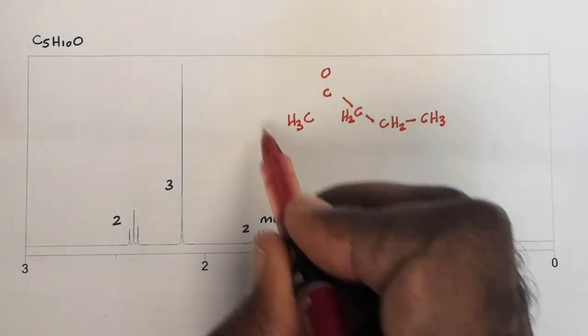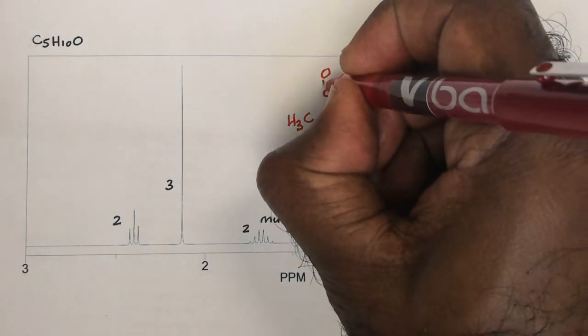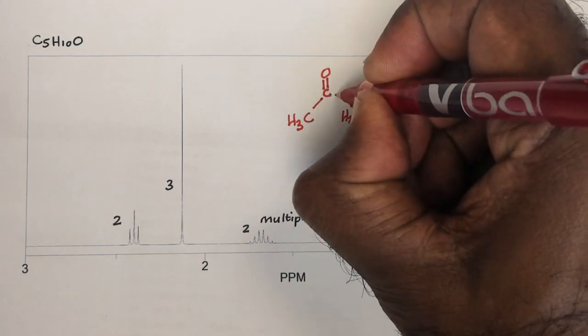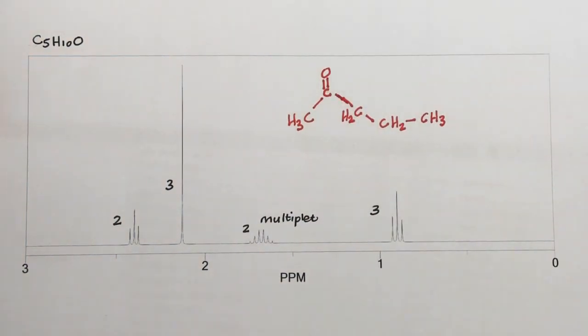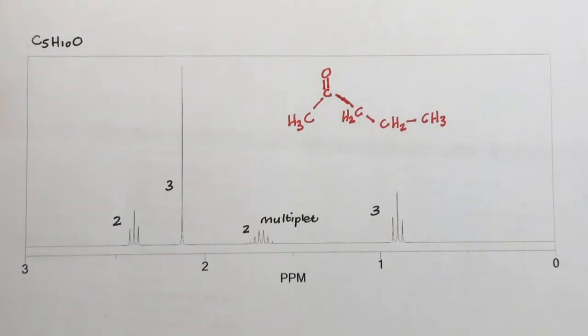So I have all the atoms that I need to solve the structure. In putting them together, I need to make sure that the valency makes sense, so I make 4 bonds to carbon, and I end up with this ketone, CH3, CO, CH2, CH2, CH3.